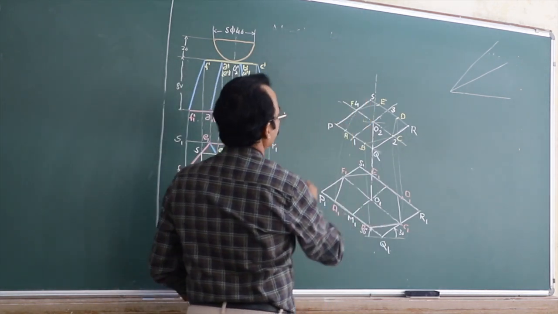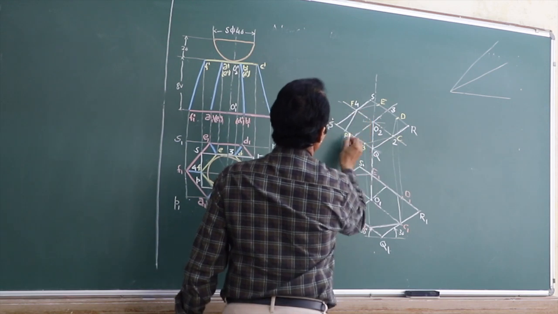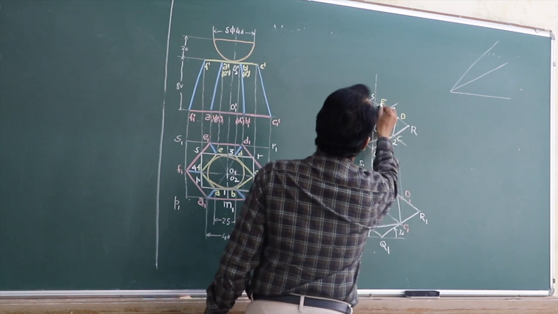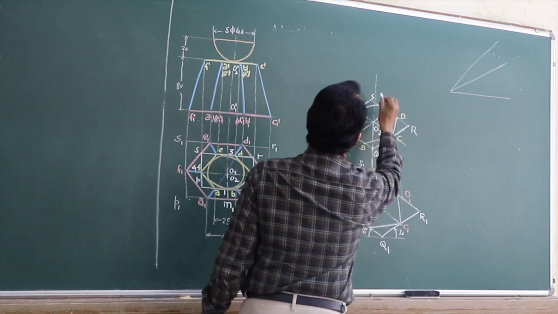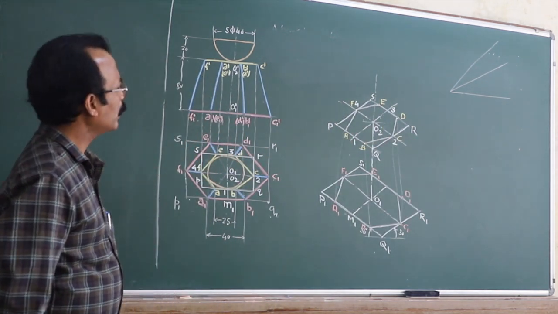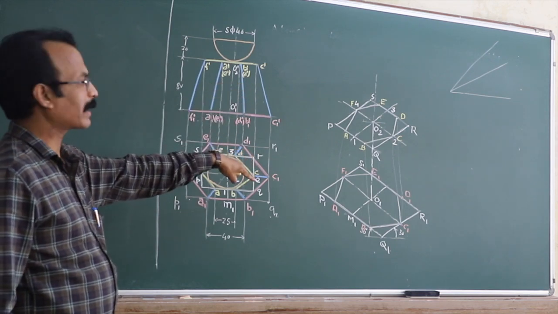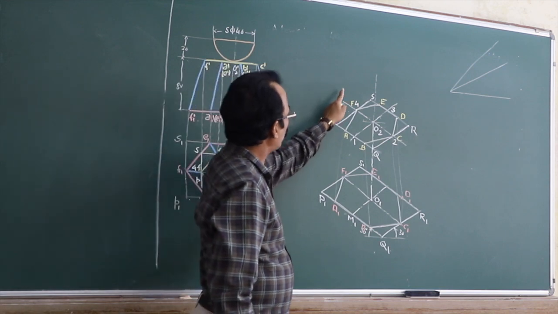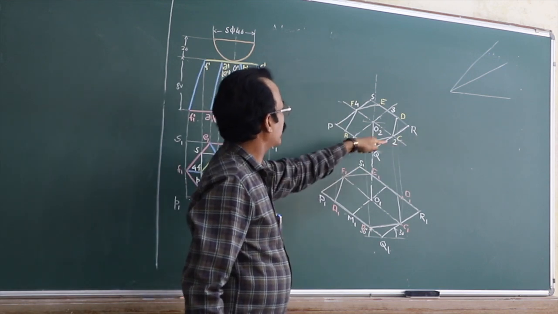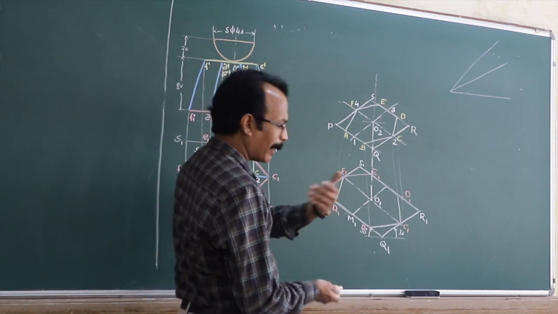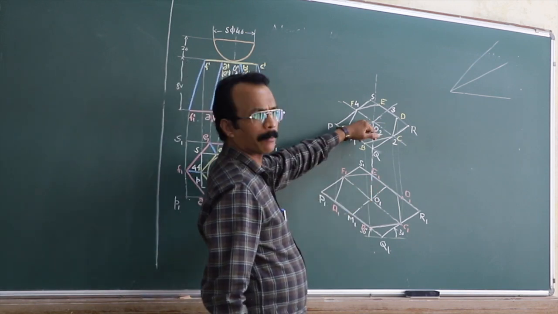Then you connect it by light lines, this top small hexagon, like this. So you have got the top hexagon and the bottom hexagon, right? I hope constructing the top hexagon is clear. So this is the method for constructing a box above the box.